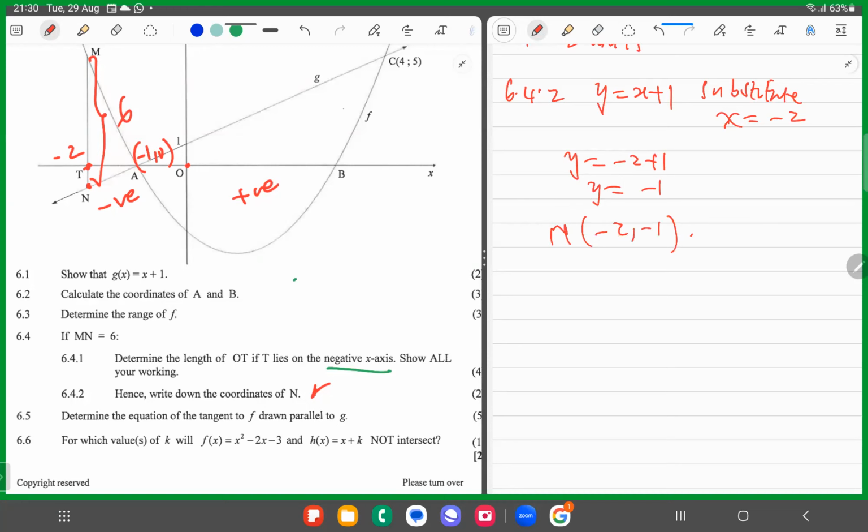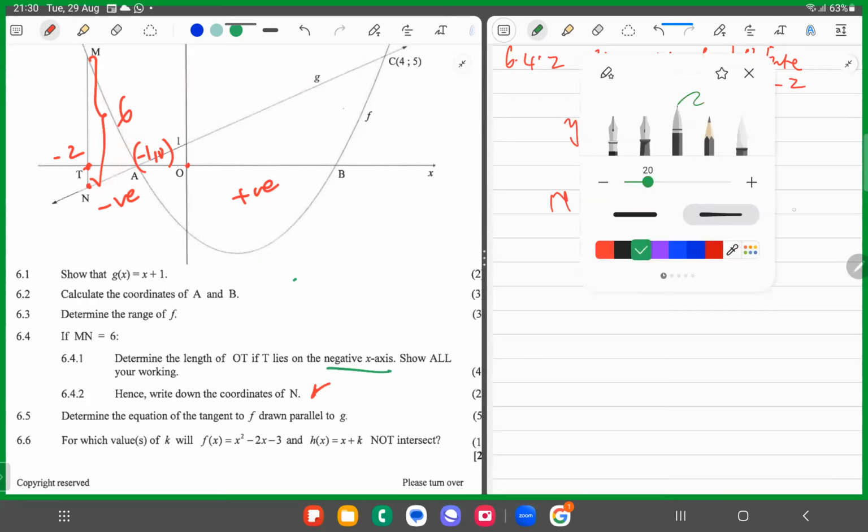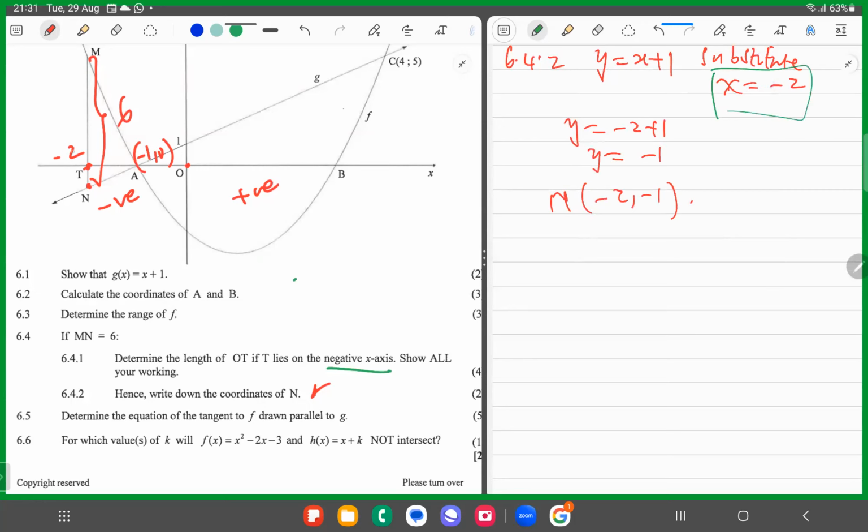That's the answer. So the coordinates of N are -2 and -1, because x already is -2 there, and then we just got y equal to -1.